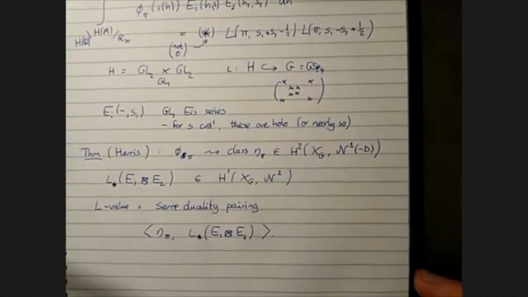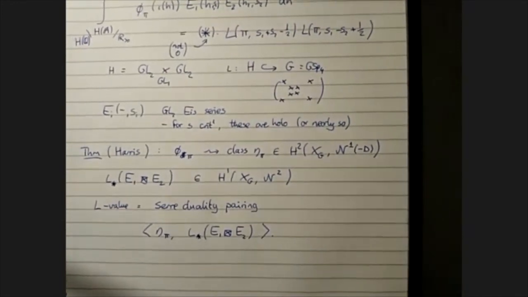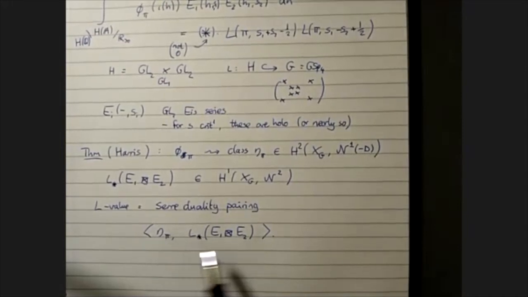So this has all sorts of nice consequences in itself. It tells you that if you scale this guy so it's defined over a number field, then the pairing that comes out will be defined over a number field.